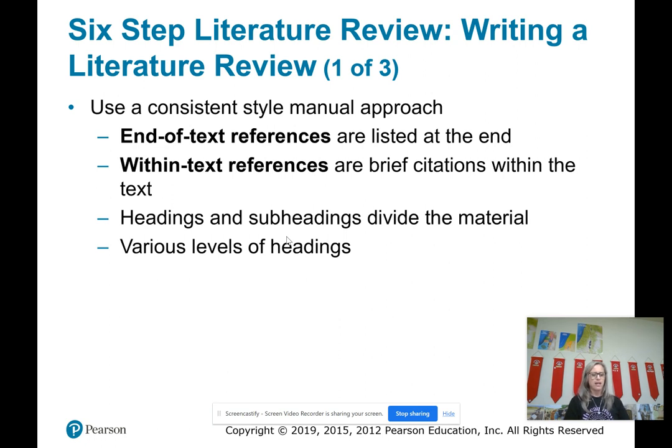They have a hanging indent, double space, and are listed alphabetically by author. Refer to page 313 in your APA manual for more information. Just know that anything you quote or cite within your literature review must have a reference that links to it at the end in the reference list, your end of text reference.